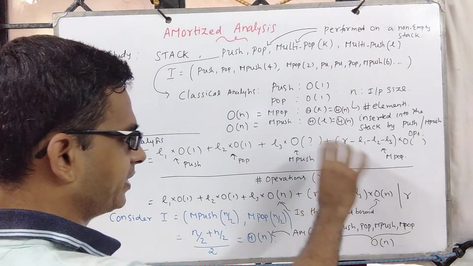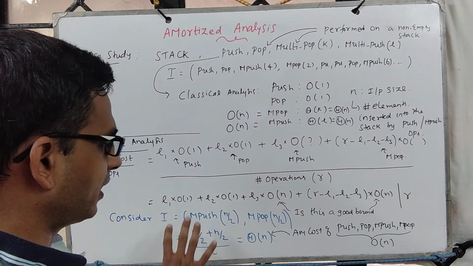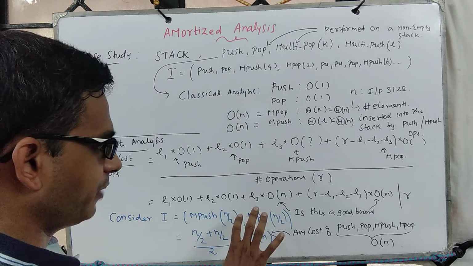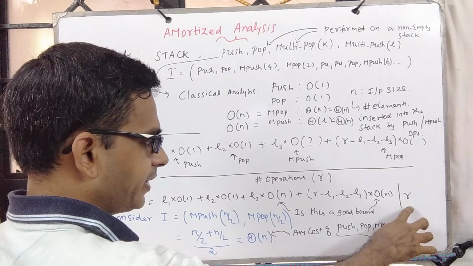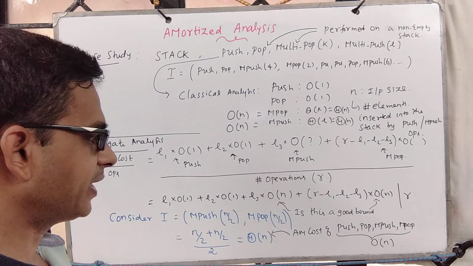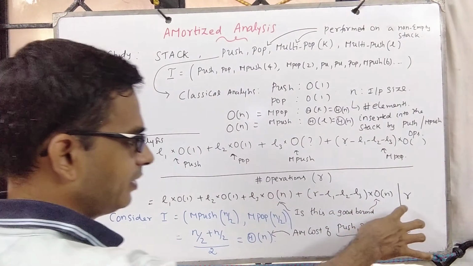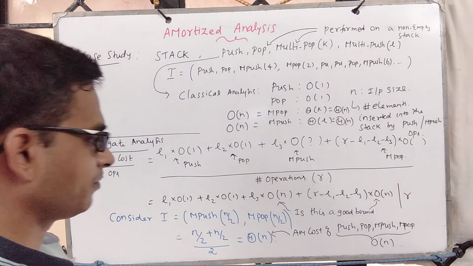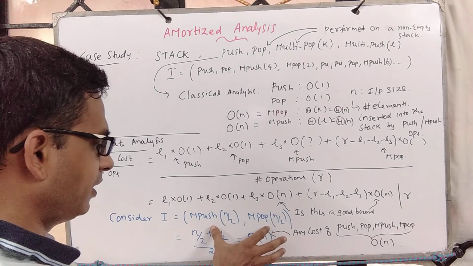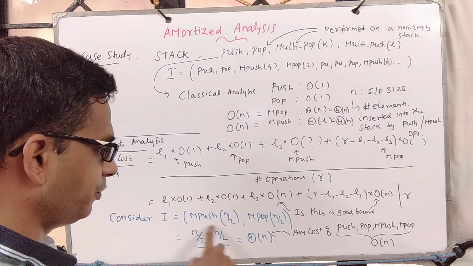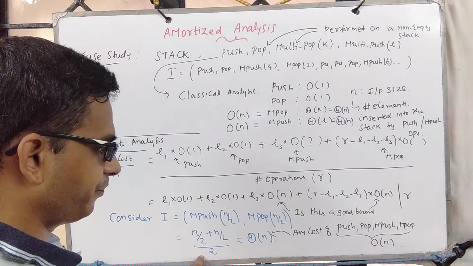So we look at this expression divided by the number of operations. Then we ask, is there an input sequence where the numerator takes the maximum cost and the denominator takes the least? When would that happen? If the numerator involves a function of n and the denominator involves a constant, such a thing can happen. And it turns out that yes, there are input sequences for which the numerator is a function of n and the denominator is constant.